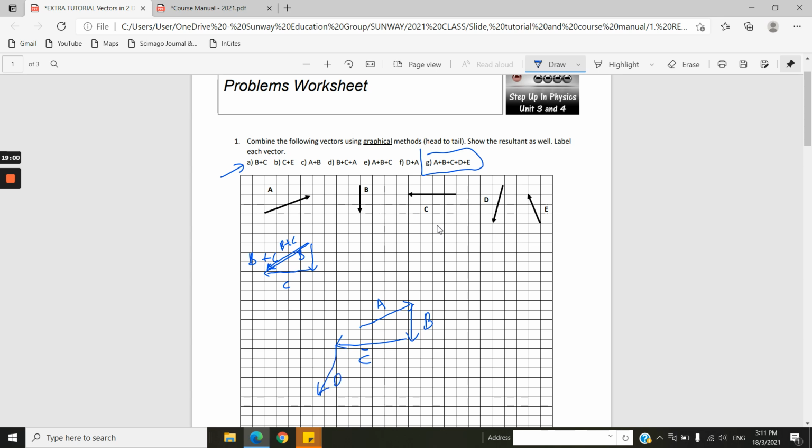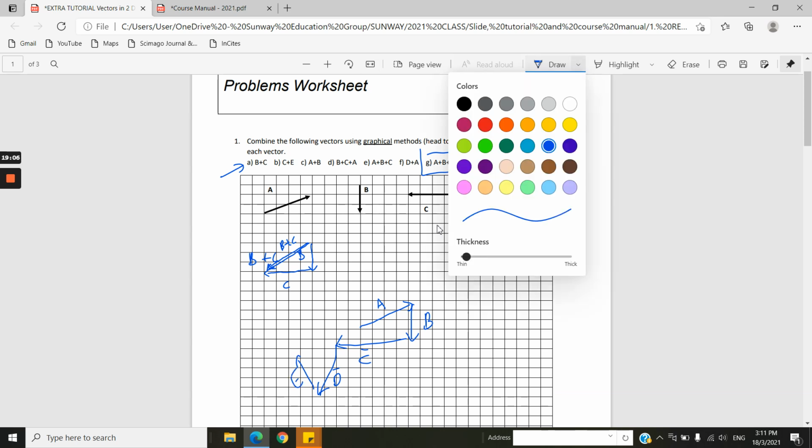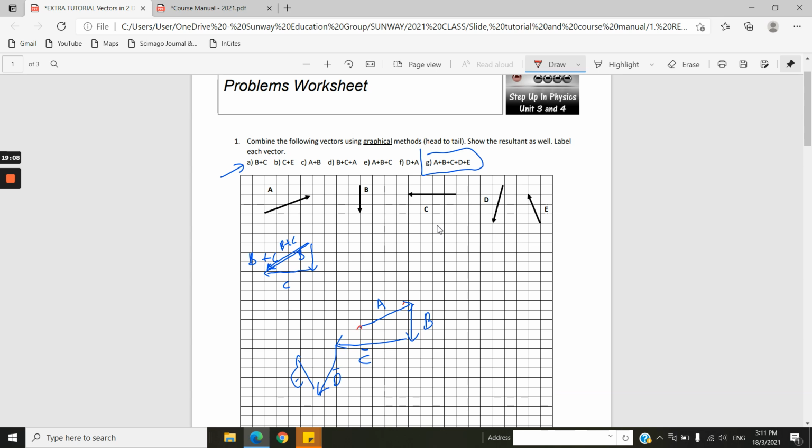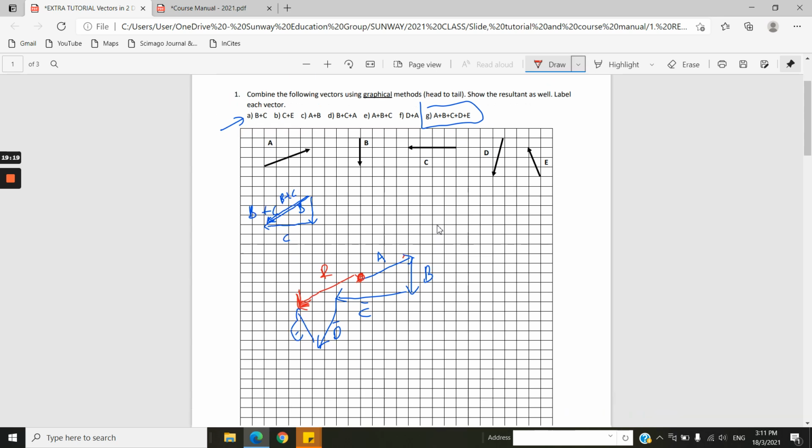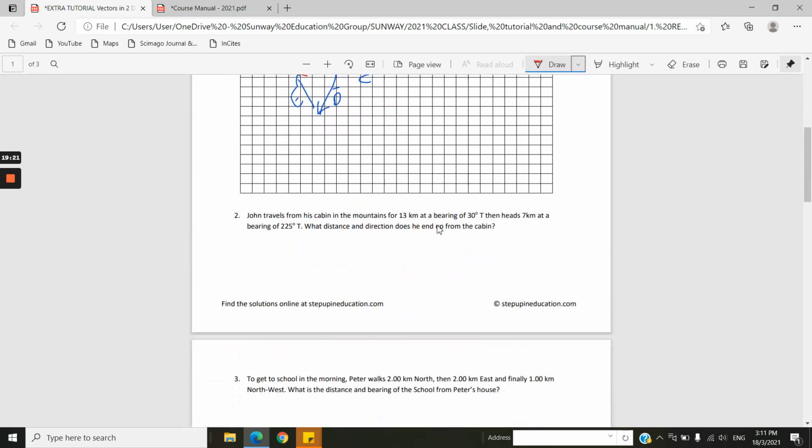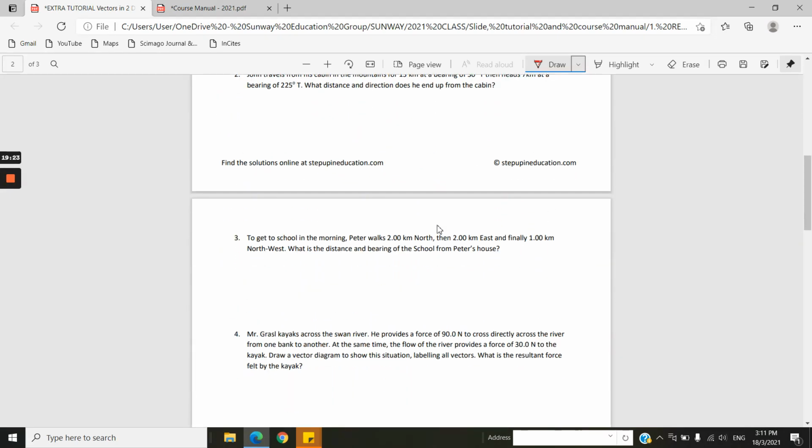Plus D plus E is going this way. So where is the resultant force? The first starting point will be the tail, the head will be the ending point. So this is your resultant force. This is how to draw the resultant force. You draw your own. Okay, number 2.